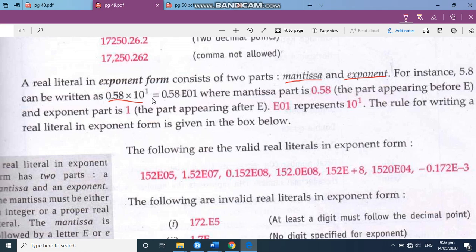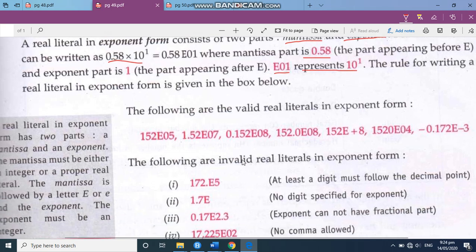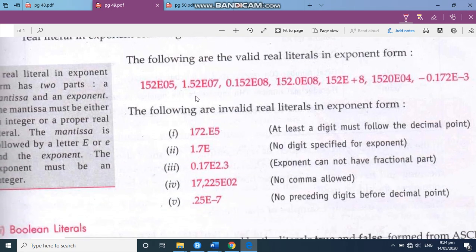And in Java, 10 is replaced by E, so it is 0.58E1, right? Where the mantissa part is 0.58, and the exponent part is 1. Then these are valid examples.